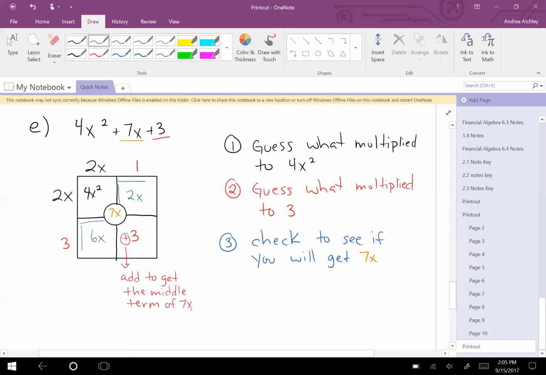If this is a -3 here, then I would be subtracting to get that 7. But since it's a +3, I know I'm going to add to get the 7. And we already determined, do 2 and 6 add to 7? No.